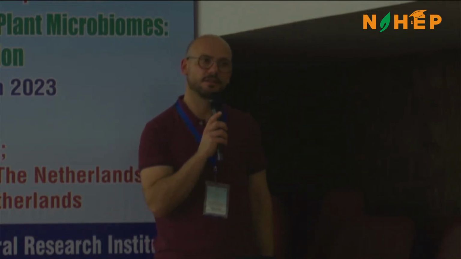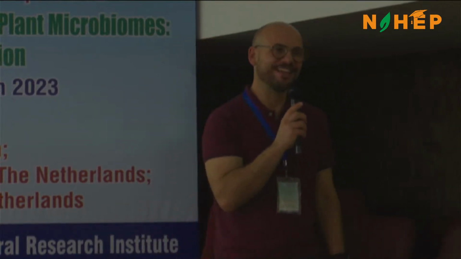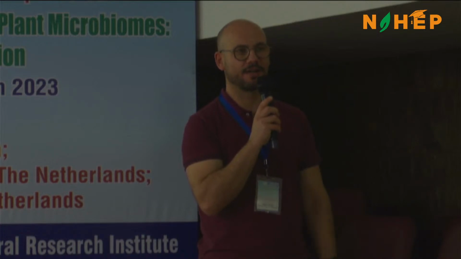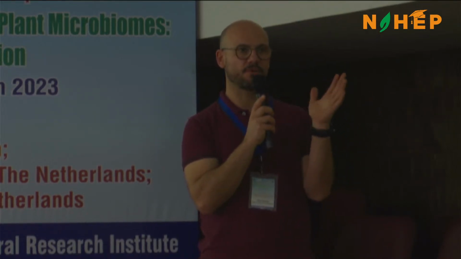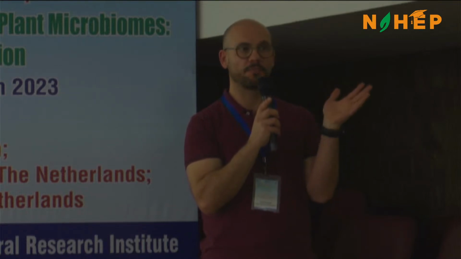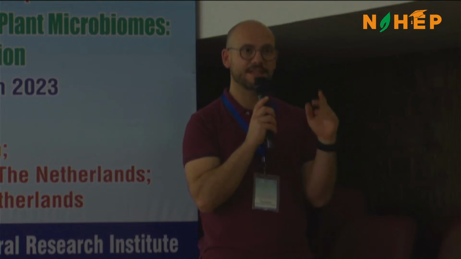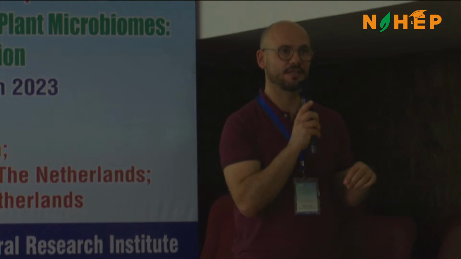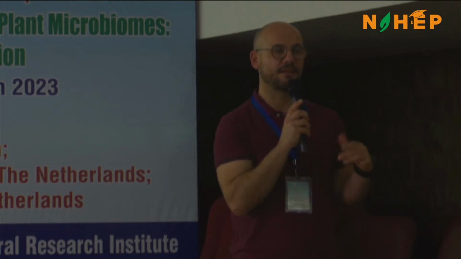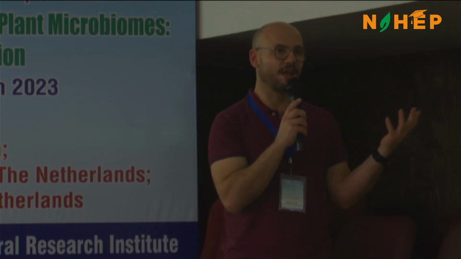For sure I didn't test, but I know there are works from Paulina Garbeva and Choong-Min Ryu, where they looked at the effect of bacterial volatiles on other bacteria, for example E. coli.